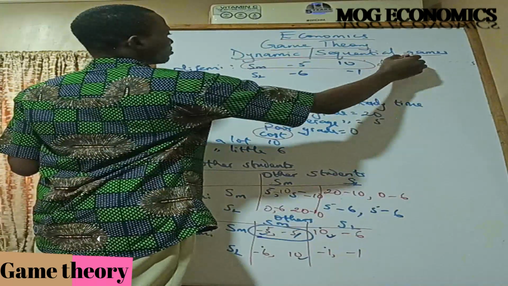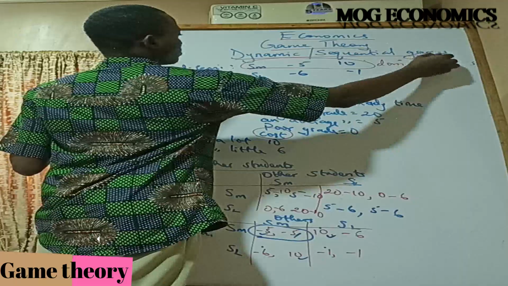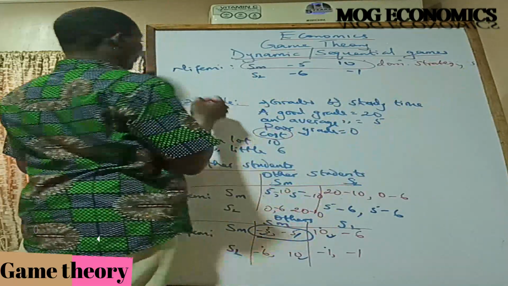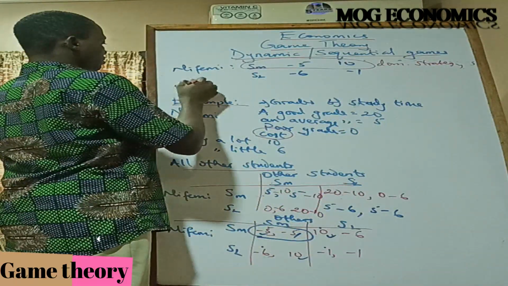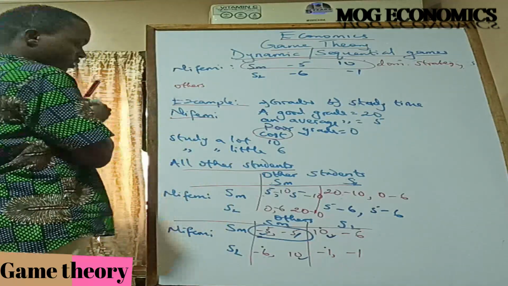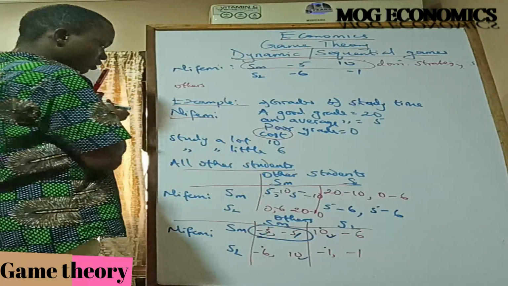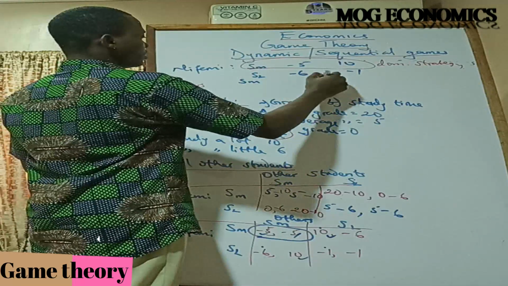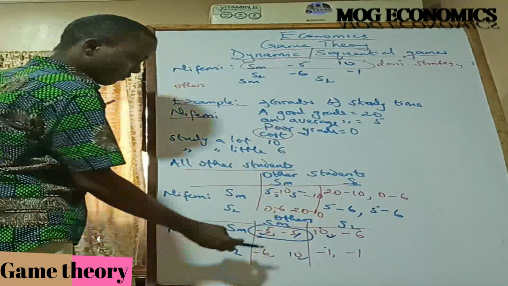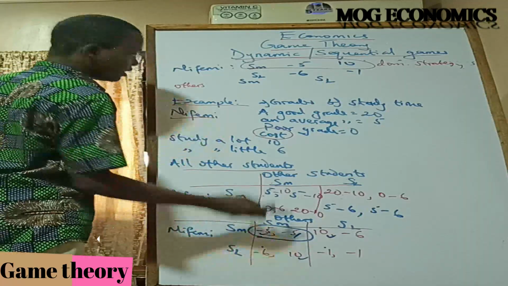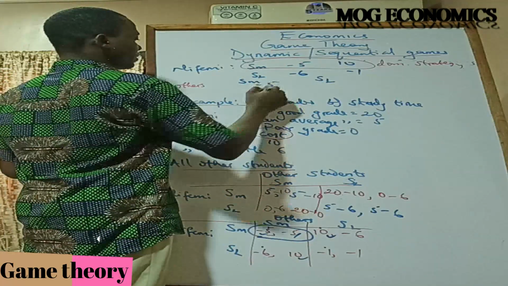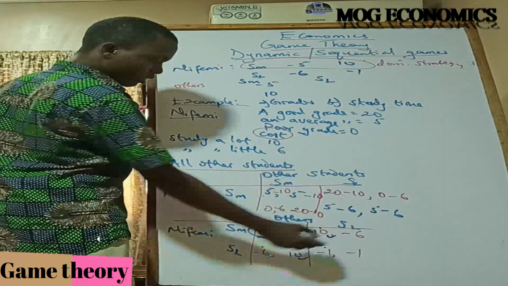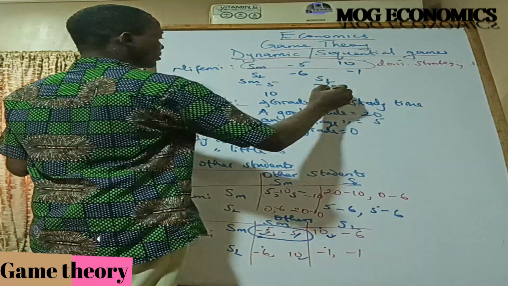Now for others, their own strategies are arranged vertically. So they have the choice to study much or study a little. If they decide to study much, they have minus 5 and 10, or minus 6 and minus 1 if they study a little.